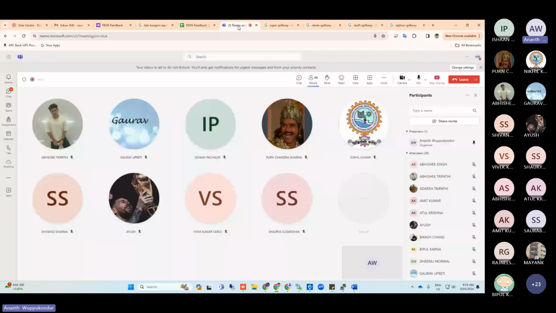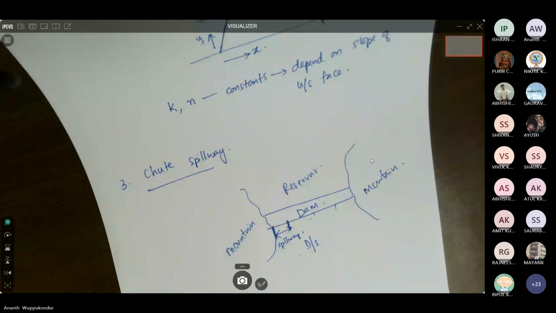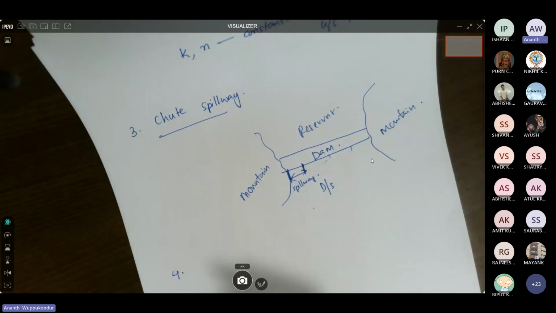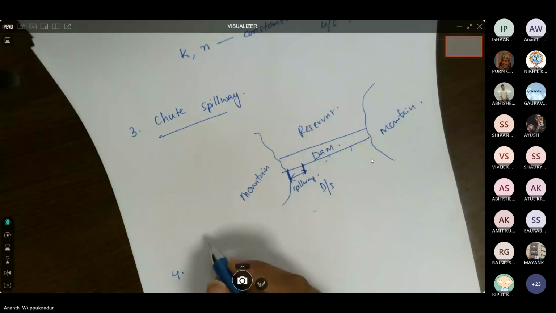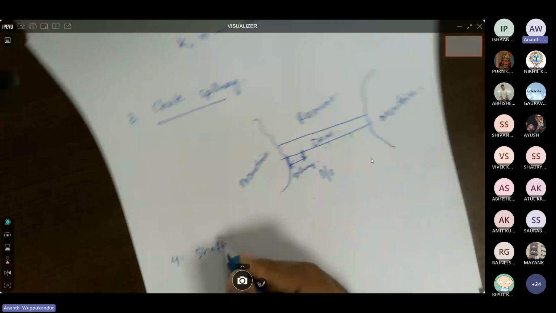Now, after the chute spillway, what we have is a shaft spillway.